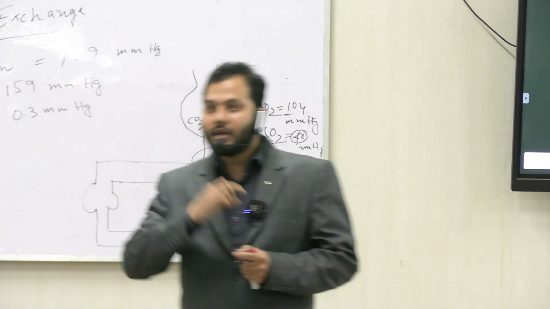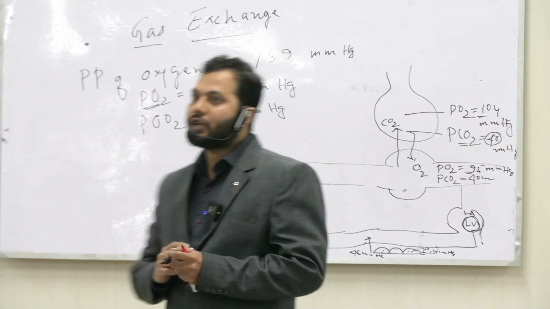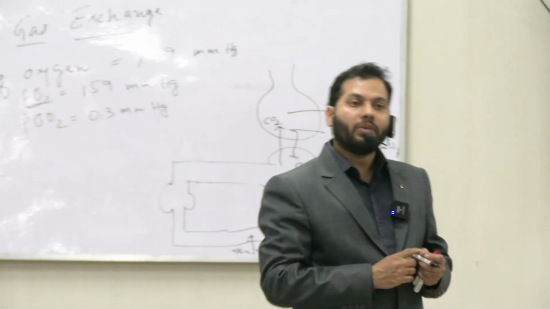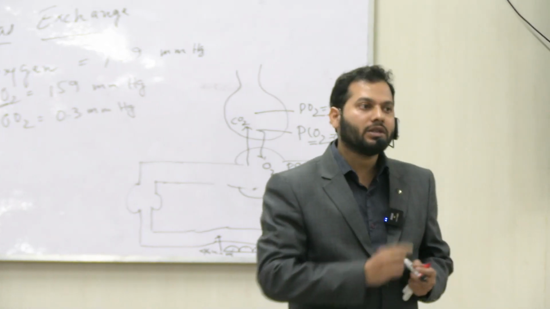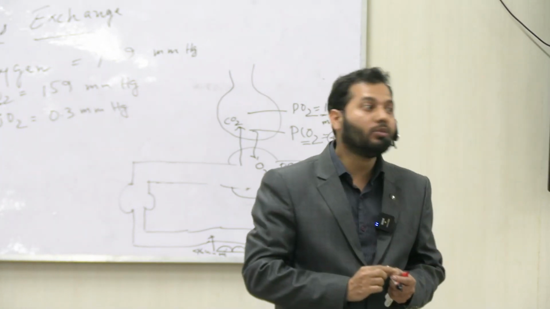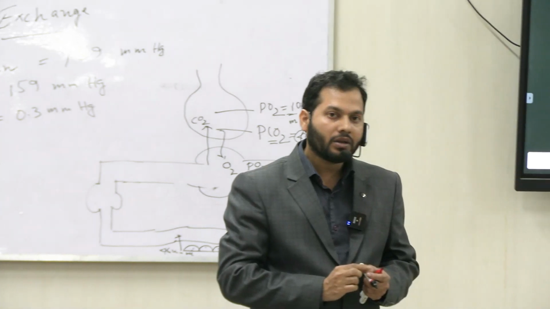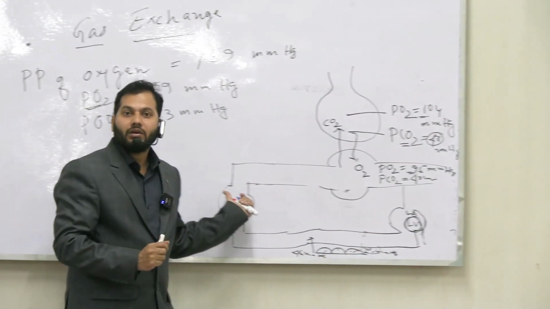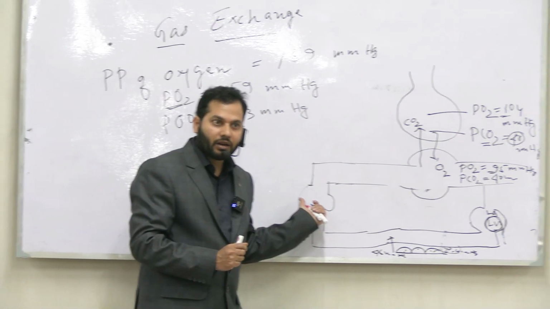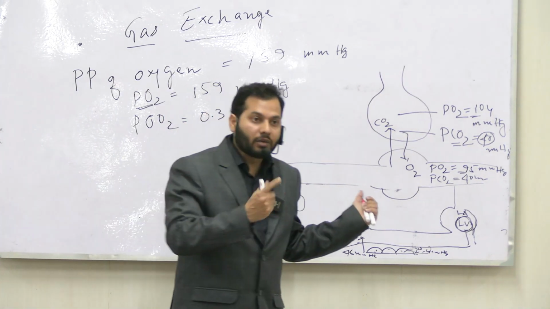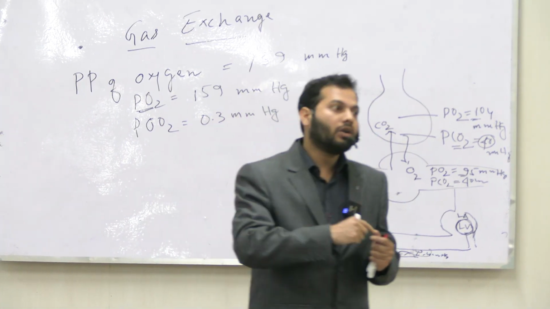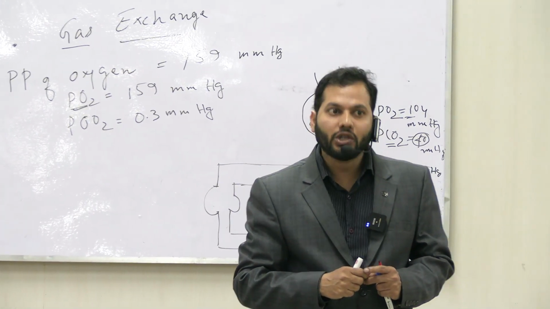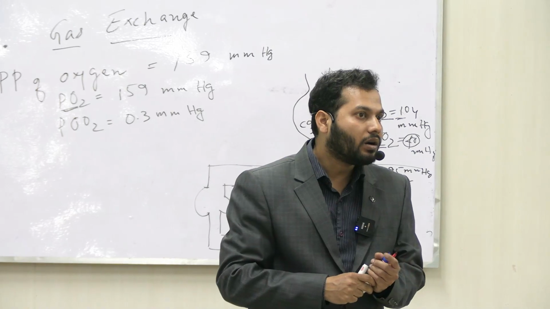We know there is a path for the release of carbon dioxide from the right ventricle to the lungs. This is called the pulmonary valve, right? So here, from the right ventricle, the carbon dioxide molecules again will move to the pulmonary system, mainly into the lung, right?